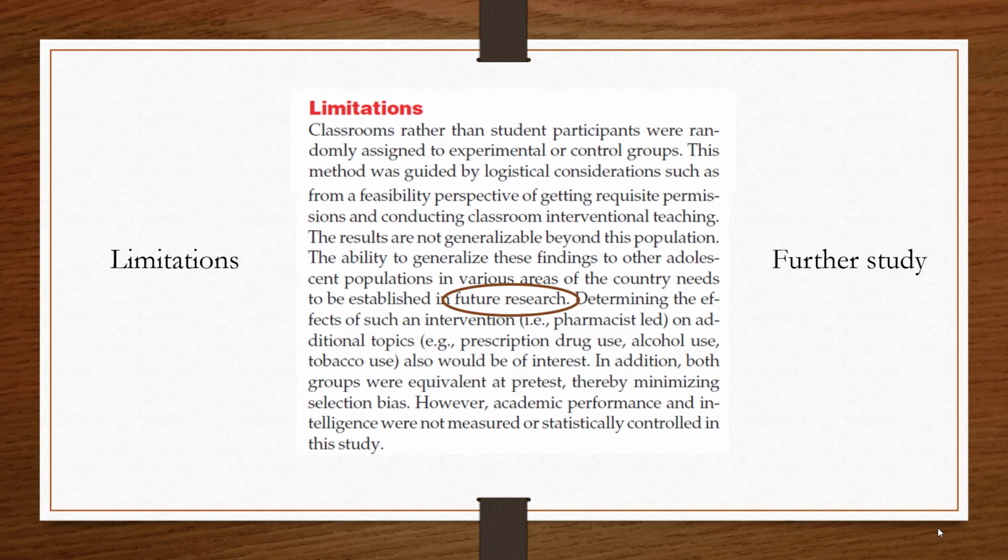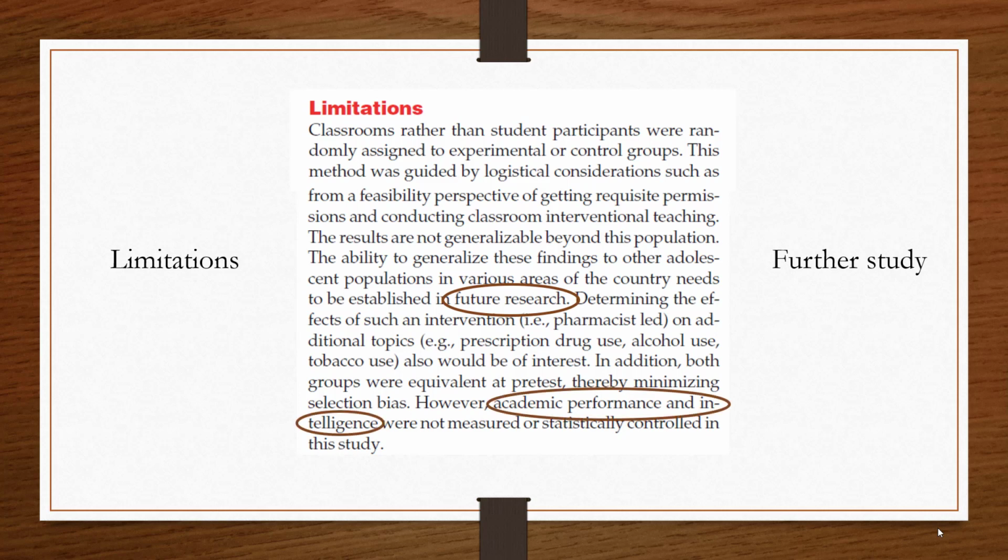So one of those, we need to do future research. The researchers say that they need to do future research because they had done this study in only one school system in one situation. Of course, that's not generalizable to all situations, so they need to do further studies in other school populations to see if the same thing occurs in other populations as well. Then they might have something that's generalizable.